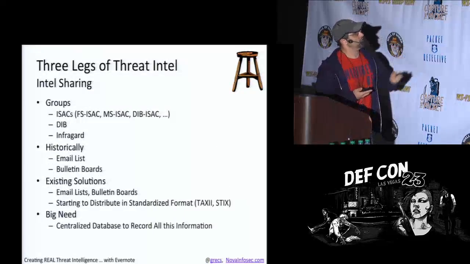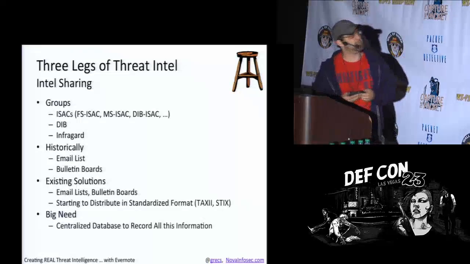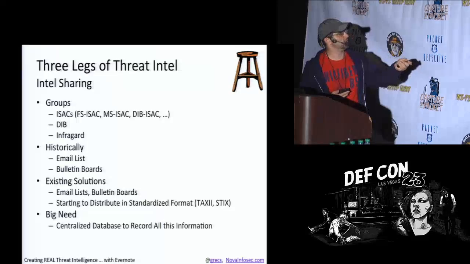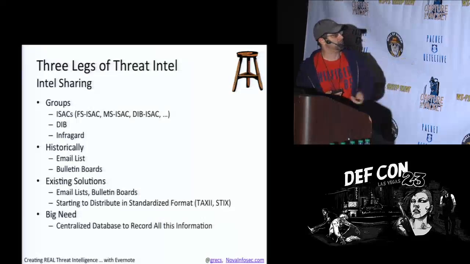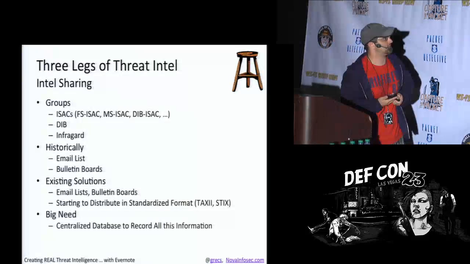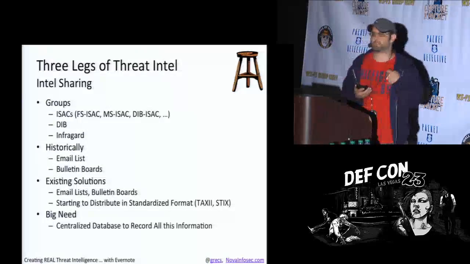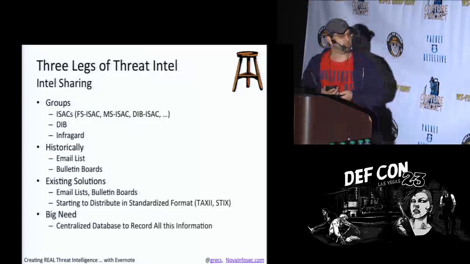All right, so intel sharing. There's a lot of groups out there. I'm in the government sector, so there are the different ISACs, the DIB, InfraGard. There's a lot of good stuff there. Historically, what I've seen is this collaboration has taken place over email and bulletin boards.